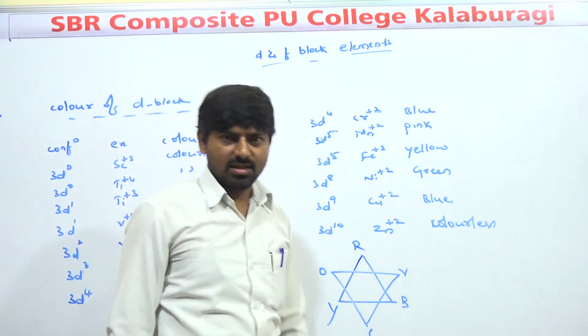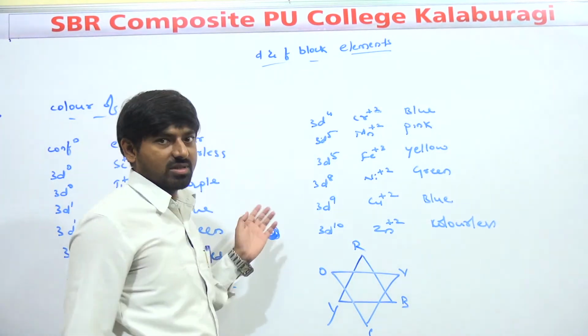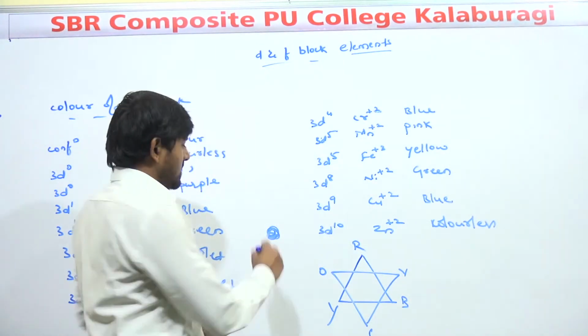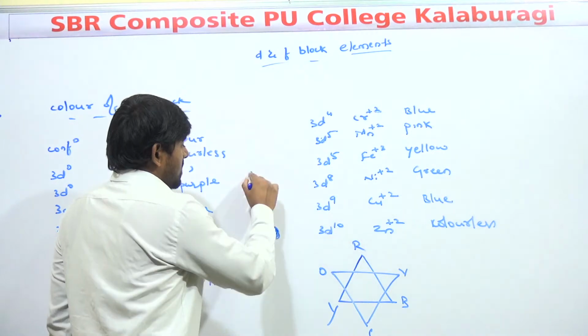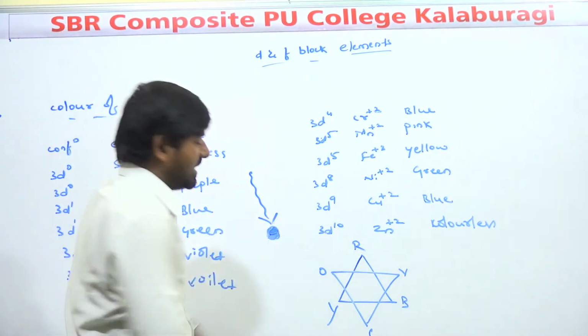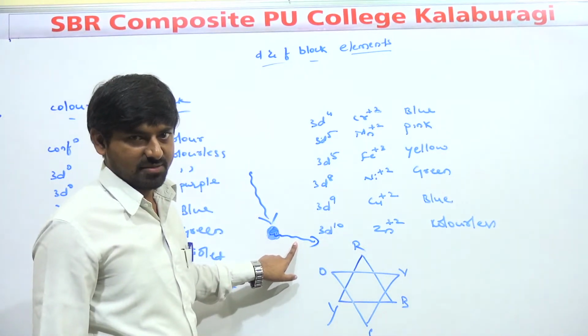Let us consider one substance. I don't know what substance it is; in general, I am considering one substance. On this, some light has fallen. Then some light is emitted. This emitted light is seen by us.